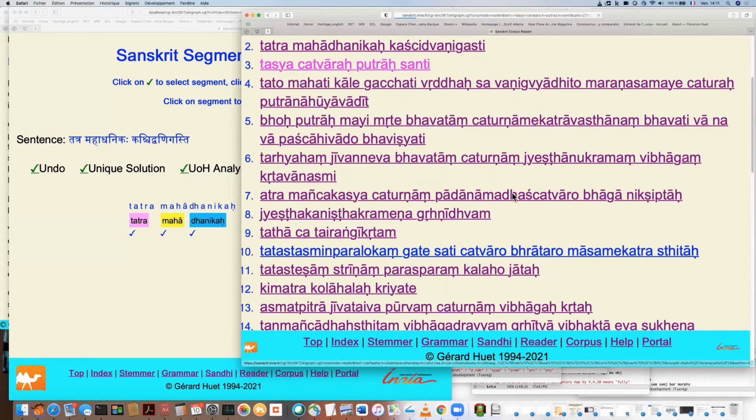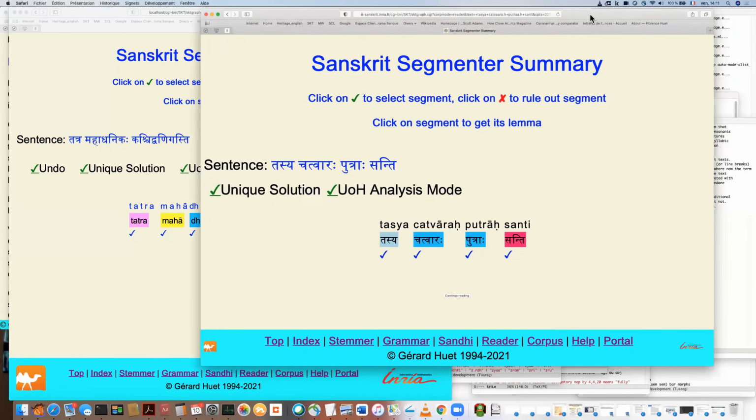And there, what we get is Tasya Chatvaraha Putraha Santi. So Santi, it's as, it's to be, but now in the plural, Bahuvachana. Yes, and still Pratama. And so they are. Who are they? They are Putraha, the sons. And how many are there?